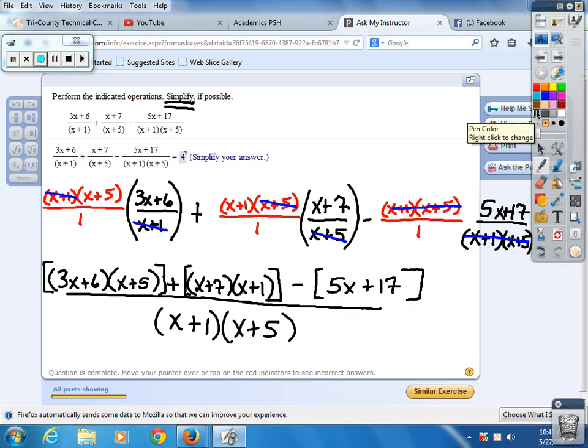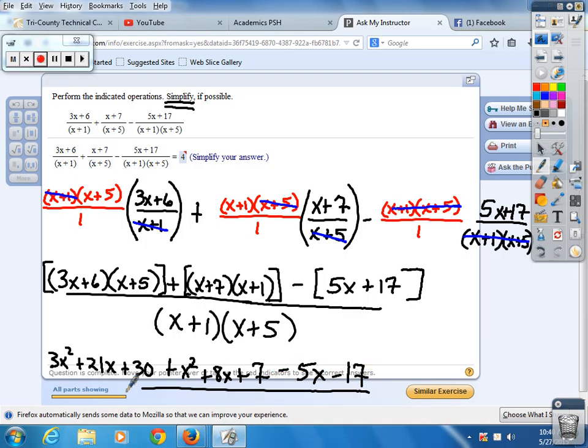Three x squared, let's see, 15 and 21x plus 30. Y'all check me. 3x squared plus 21x plus 30 plus x squared plus 8x plus 7, check me, minus 5x minus 17, all over common denominator. 21x. 15x and 6x.